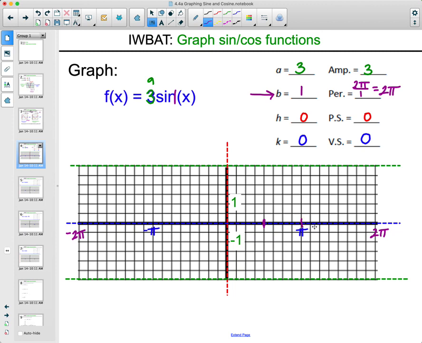So then we've got 1 here, 1, 2, 3, 4, 1, 2, 3, 4. There's always going to be a max or a middle or a min at these. So 1, 2, 3, 4 this way, and so on. These are the only ones that I really worry about, because that's going to be these points on your unit circle.